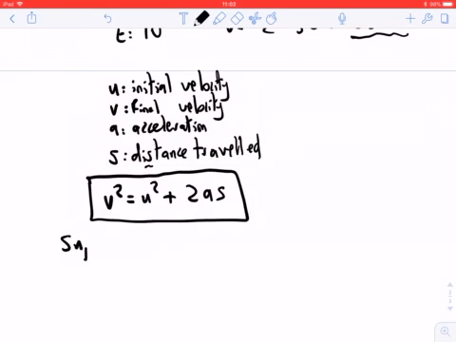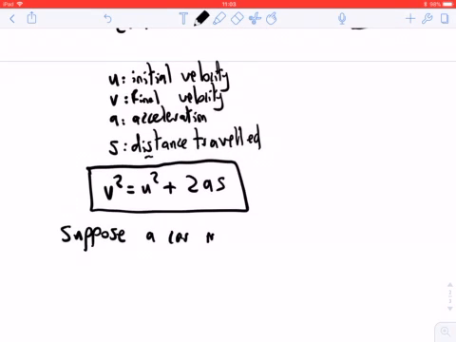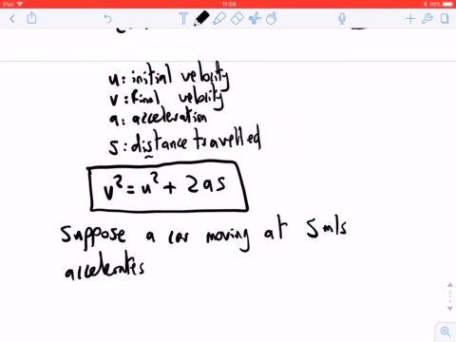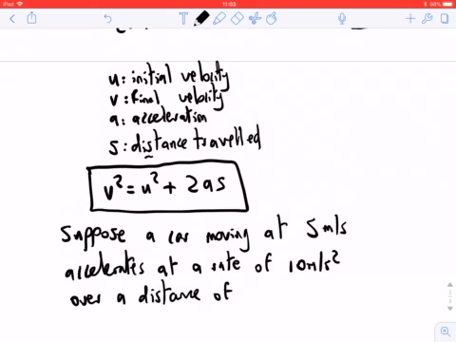So suppose a car moving at 5 meters per second accelerates at a rate of 10 meters per second squared over a distance of 20 meters.